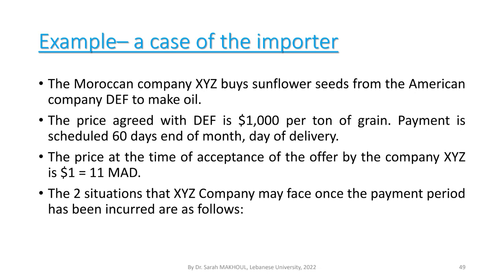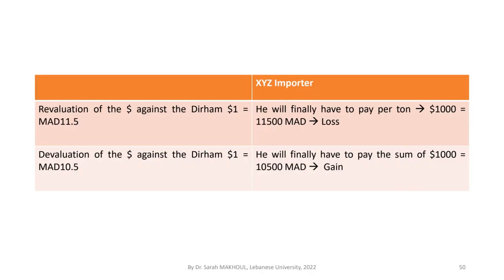The price at the time of the acceptance of the offer by the Moroccan company is $1 equals 11 Moroccan dirhams. This company may face two situations once the payment period of 60 days after receiving the seeds has elapsed.